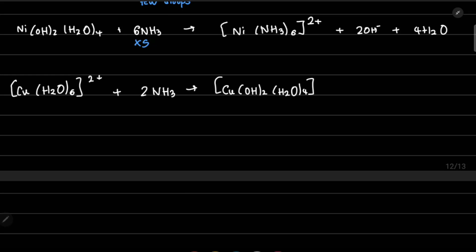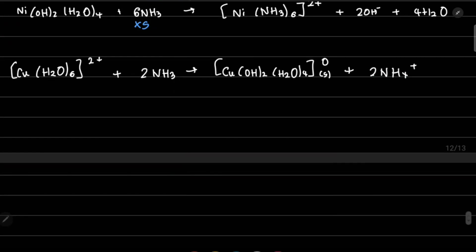The fact that this is a deprotonation reaction is more evident here, since we are not putting in NH3 over here directly. And this solid over here forms along with 2 moles of ammonium ions. This is the case when we have a few drops of NH3.